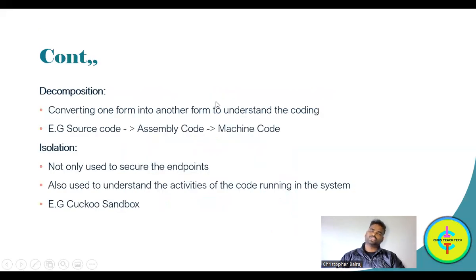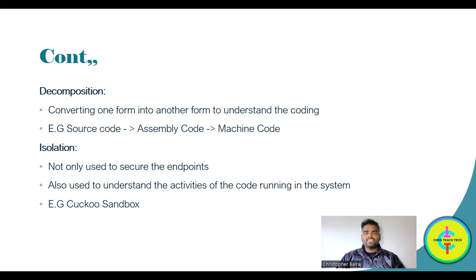Okay, and then decomposition. Decomposition is also a kind of software reverse engineering process. We all know that humans use a language that they can understand, whereas computers understand a different language. Whenever you write source code, that source code is converted into assembly language, and the assembler converts that assembly language into machine language, which is all about ones and zeros.